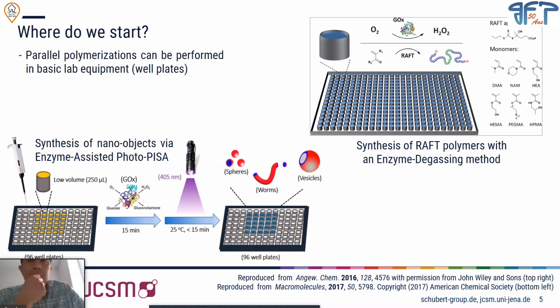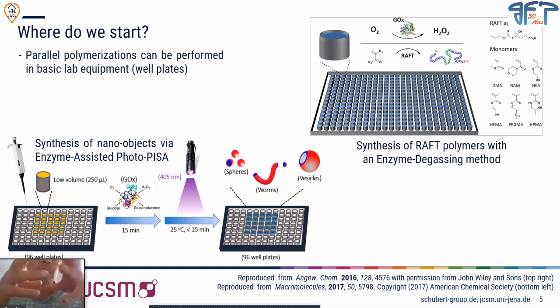You need to come up with a good idea how to degas all these wells to achieve a proper polymerization. In this example, on the top right, you can see that this research used an enzyme based on glucose to achieve the removal of oxygen. So it was a nice work.